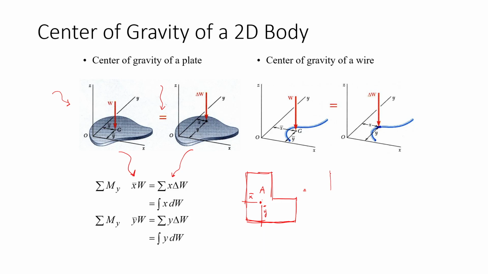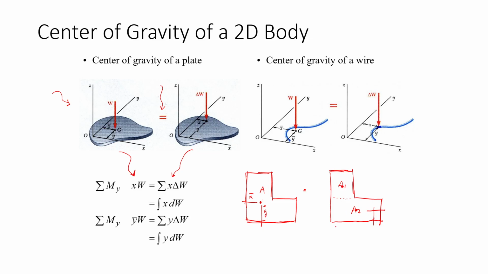The right hand side of the equation is the summation of the components, so let's say you're going to divide this one into two areas. This one is area 1, then area 2, and this is the corresponding centroid of each area.